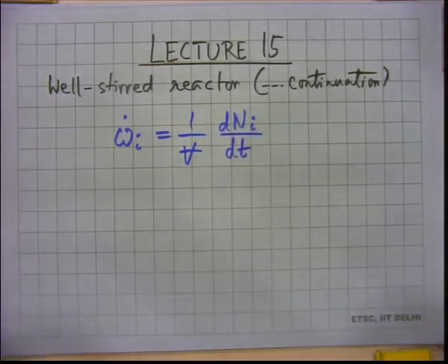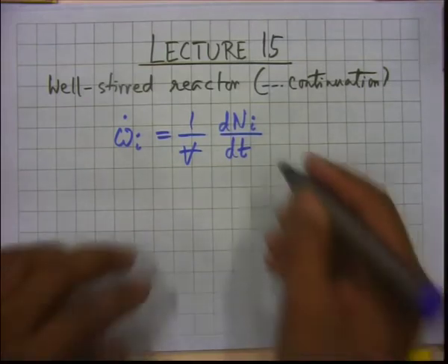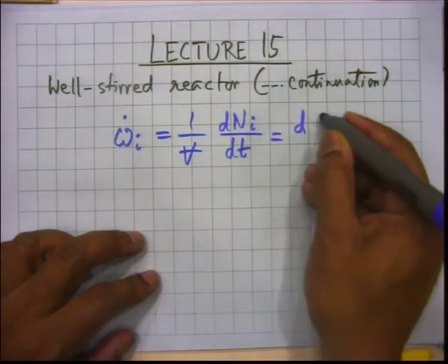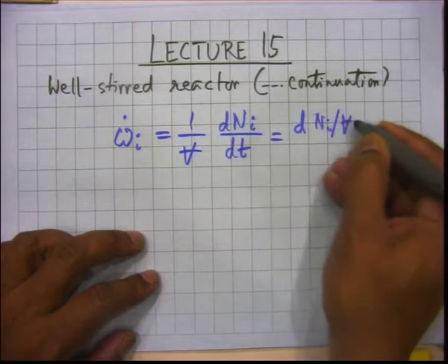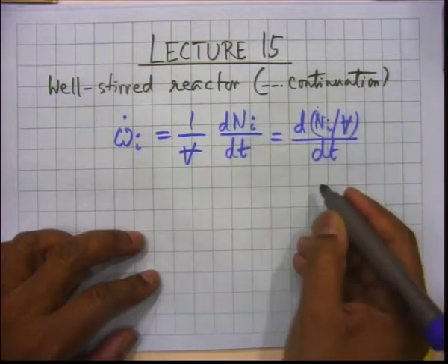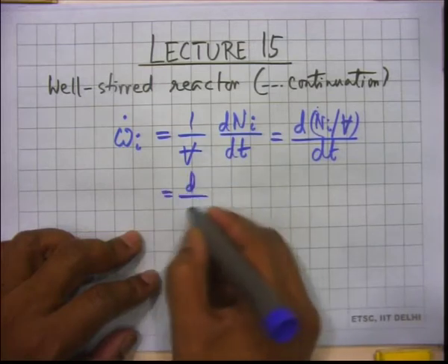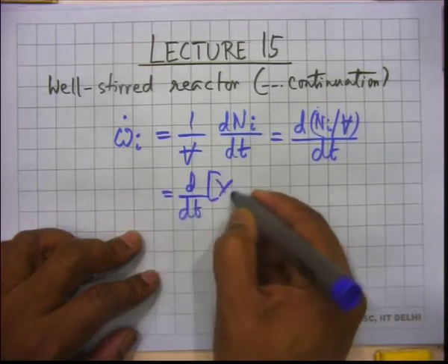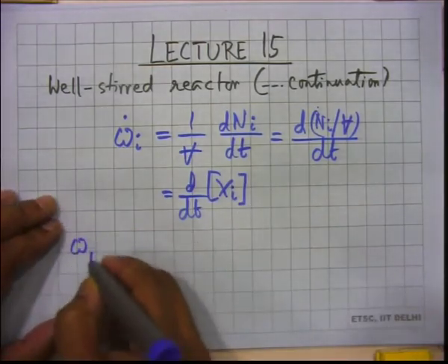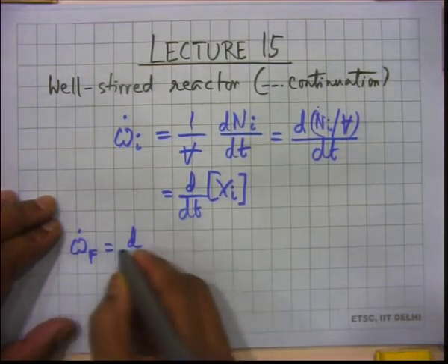So, we did this quite some time back, and this is a well stirred reactor, volume is not changing. This is a rigid vessel, so the volume can come inside and we can write d dt of concentration of X I.